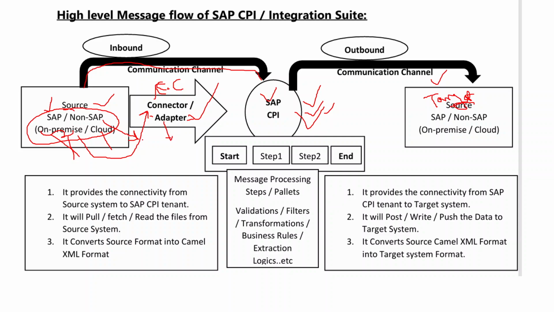If it is an on-premise application, then along with the adapter we need to configure one additional VPN kind of a thing, that is called cloud connector. Any questions on this? Same concept is applicable when you are going to connect our CPI with target systems.